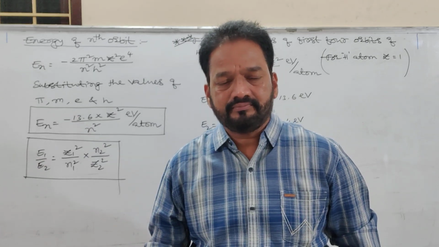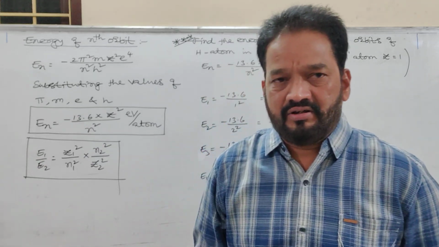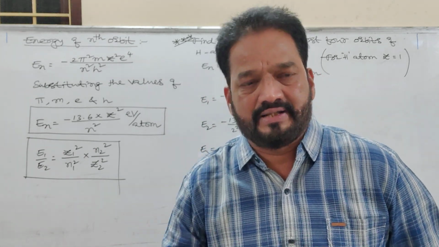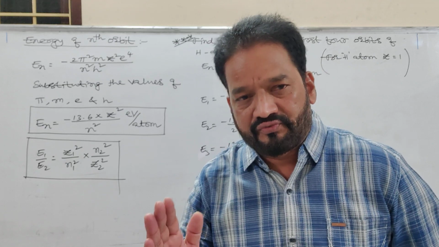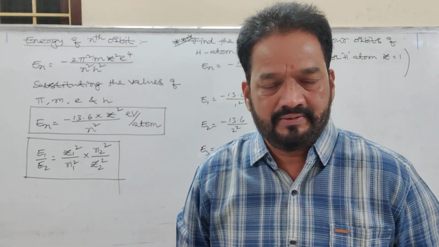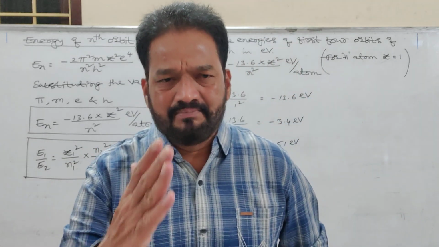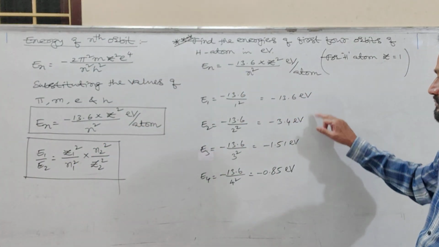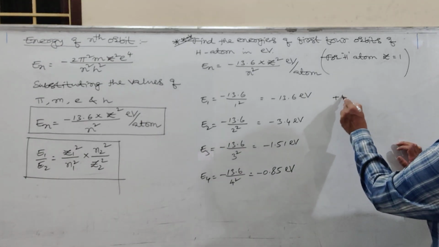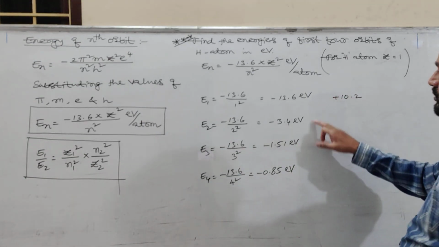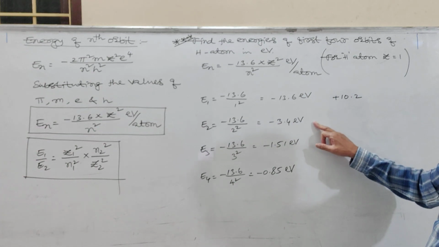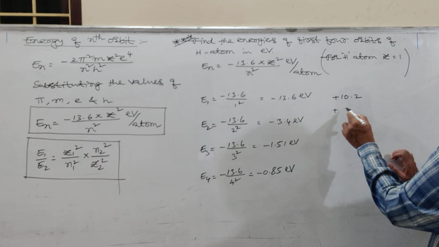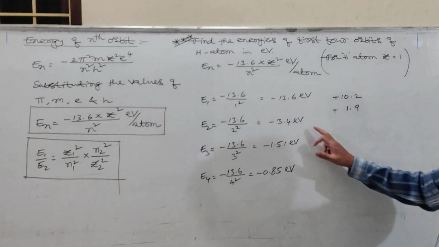Like this, if an energy of 12.75 electron volt is supplied to hydrogen atom, the electron moves from the first orbit to which orbit? Then my simplest idea is, if you give 10.2 energy, it will go from 1 to 2. And from here to here, a round figure we can write 1.9.